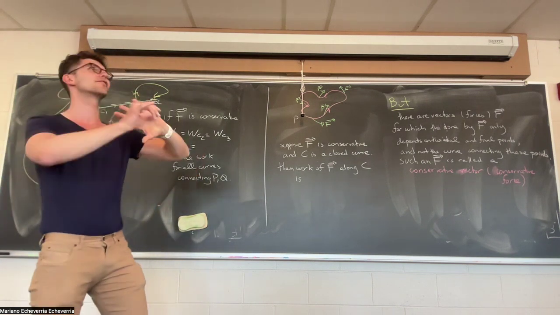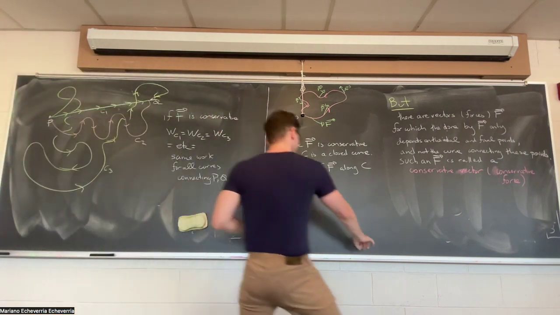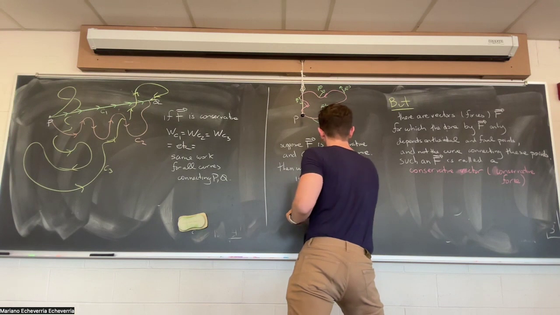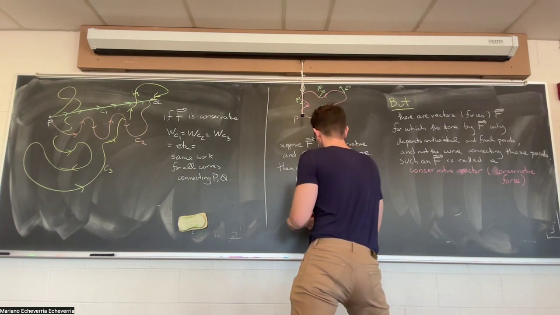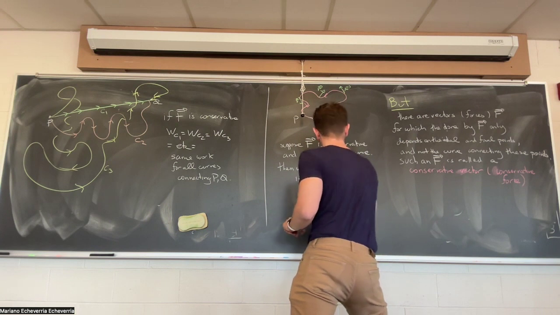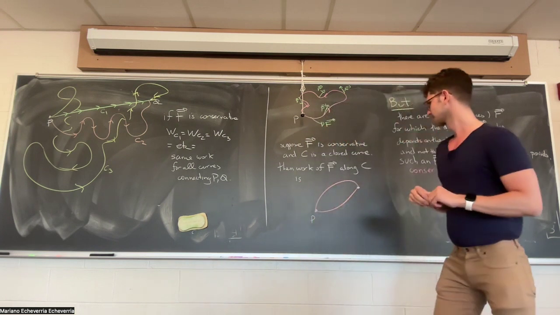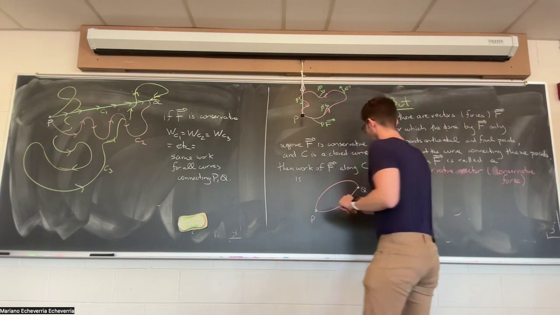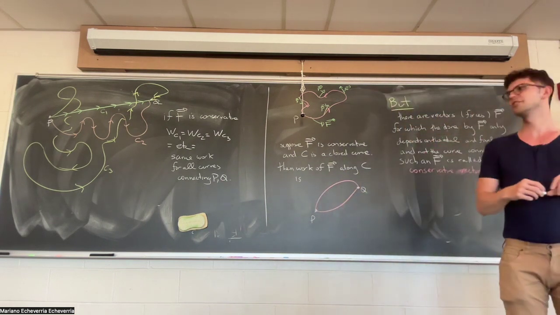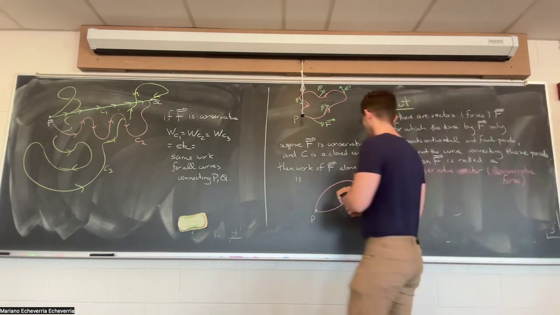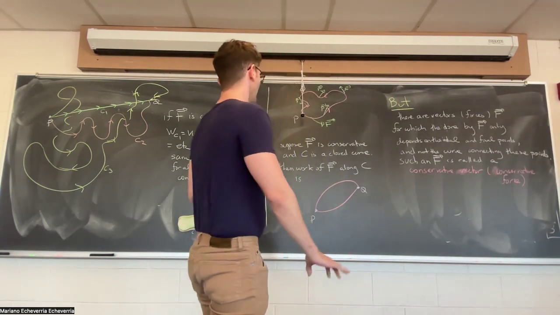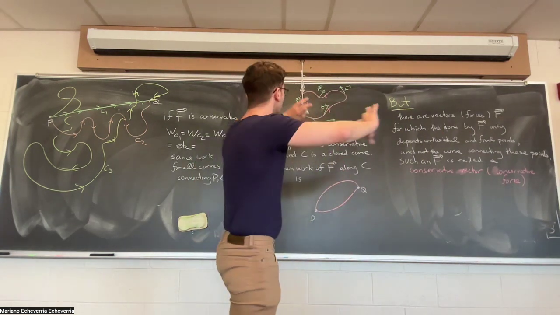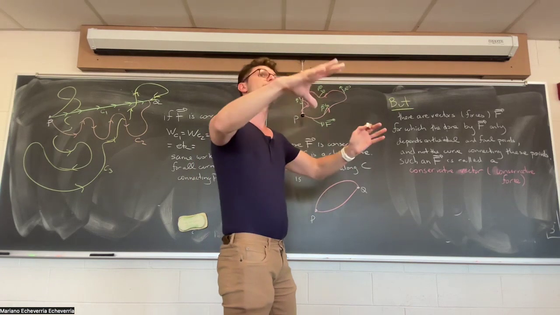So let me draw the curve as some sort of circle just to make it easier. Just imagine that we think of the closed curve as two curves.